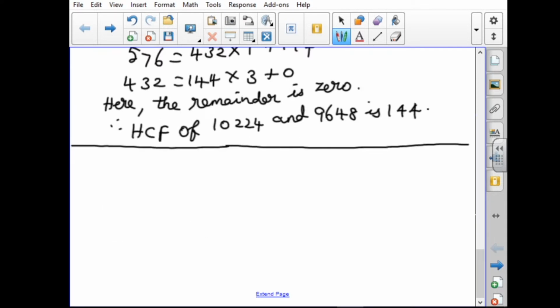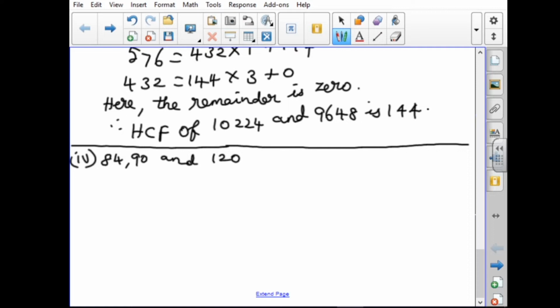Next, fourth sum. The fourth sum, they have given here 3 numbers: 84, 90 and 120.